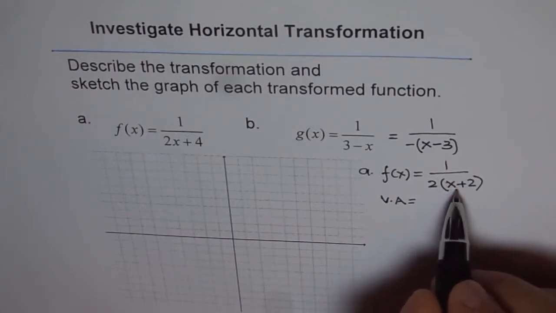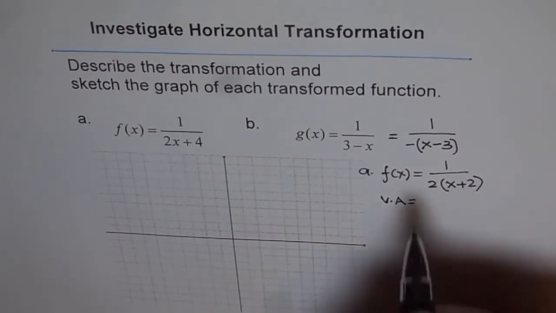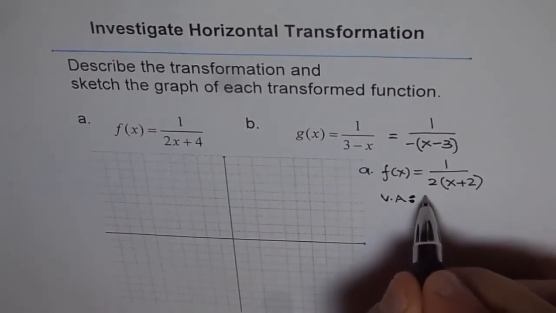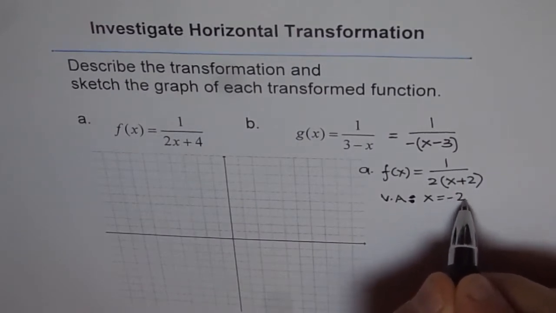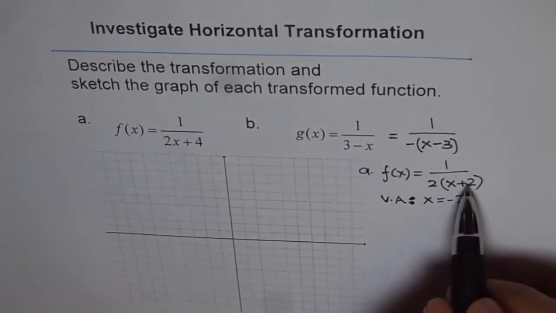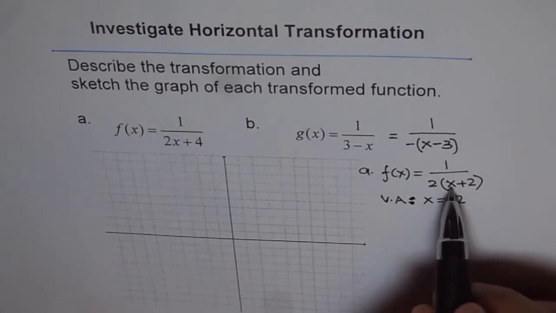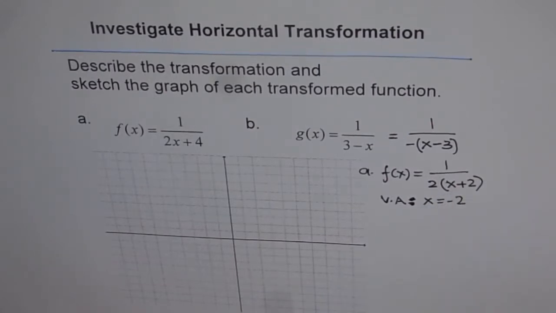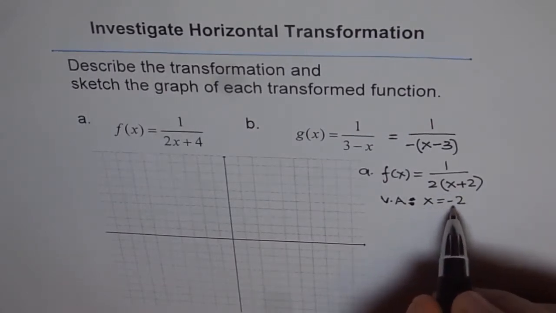So in this case, it is x plus 2, and this is going to be 0 at x equals to minus 2, right? So vertical asymptote is at x equals to minus 2. So you have to equate the denominator to 0 and find the value of x. That is the way. So we have vertical asymptote of minus 2.